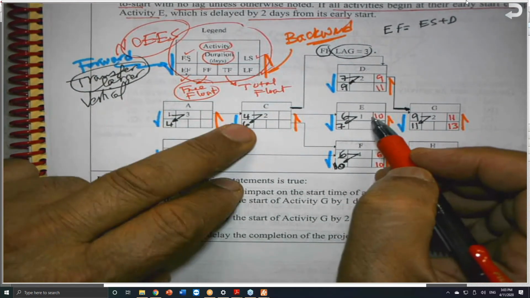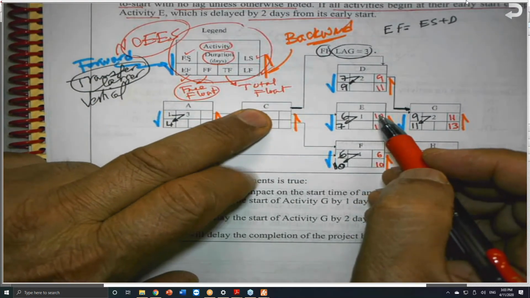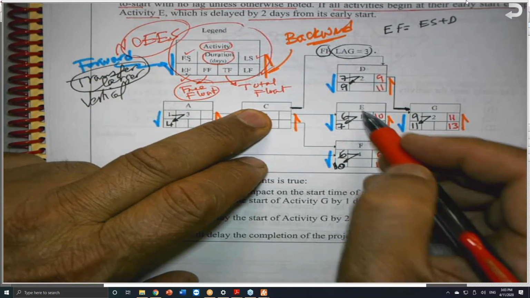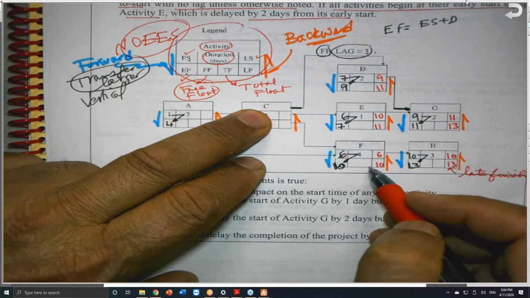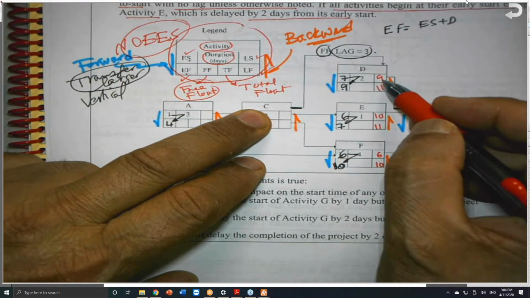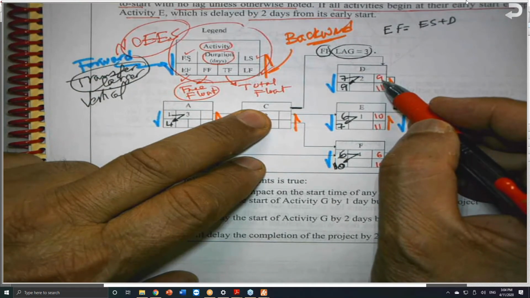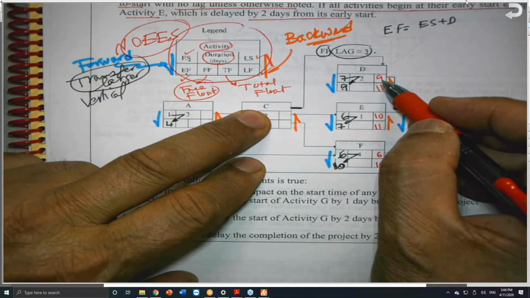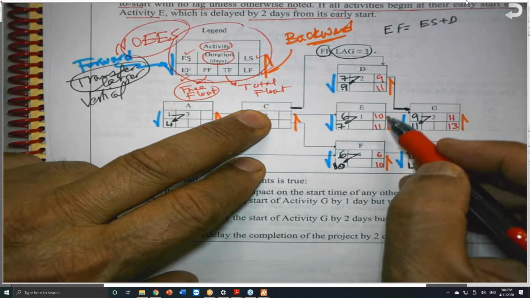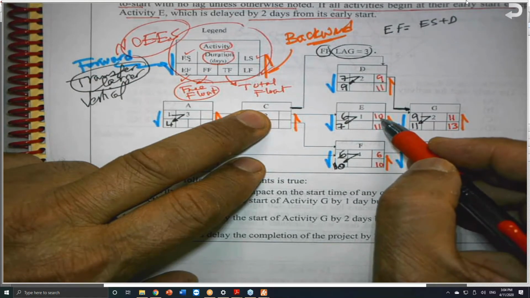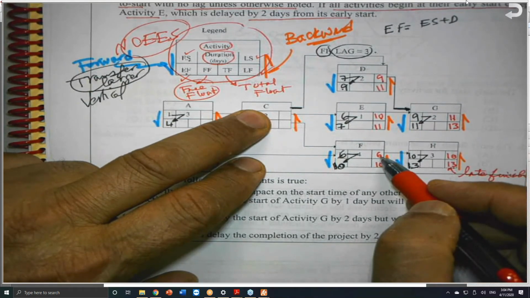So right now, this activity C is controlled by D and E and F. I have 9. I have 10. And I have 6. Which one I transfer?